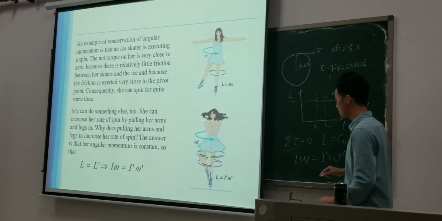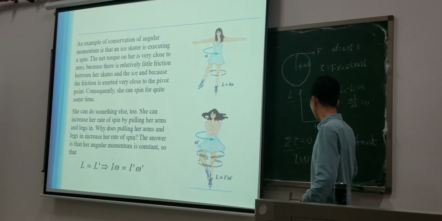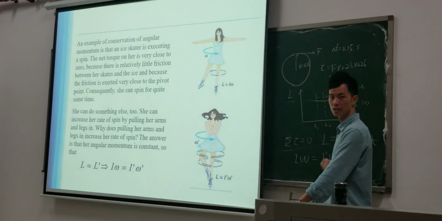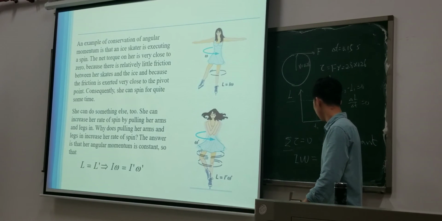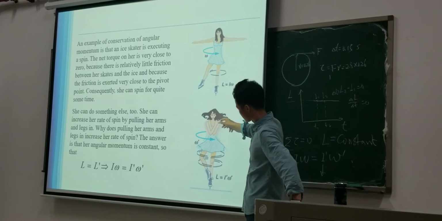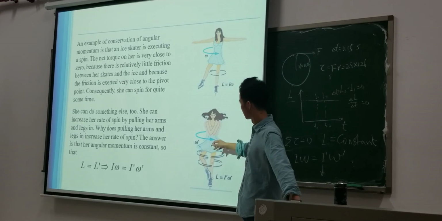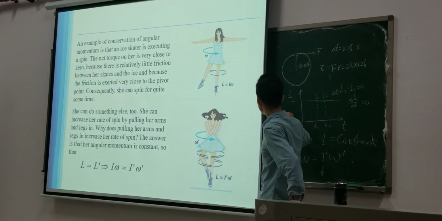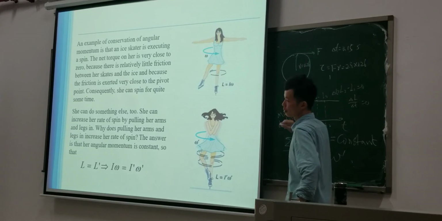When the skater pulls her hands in, then the I will be decreased or increased? Decrease. Yeah, it will be decreased, because when she puts her arms and legs in, then the mass distribution will be in a small range.